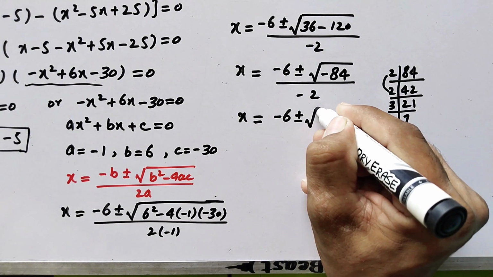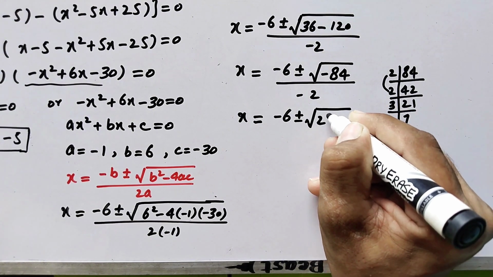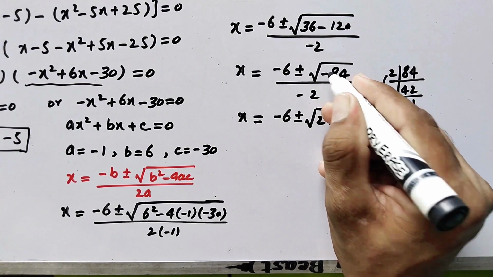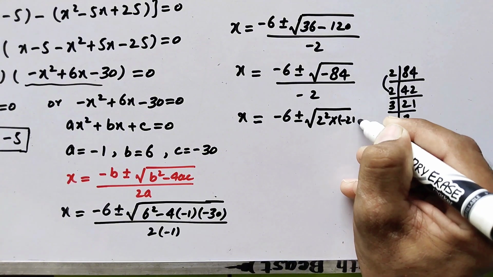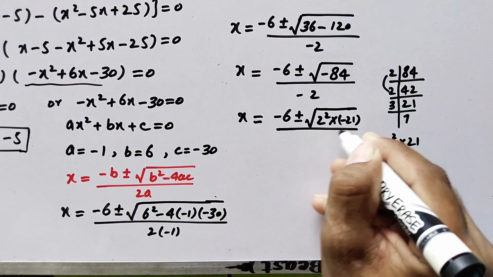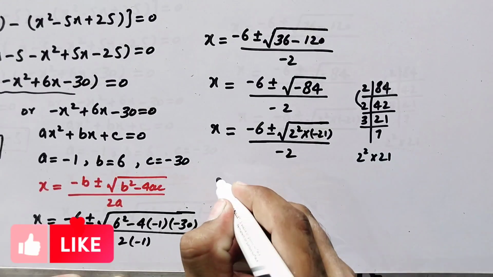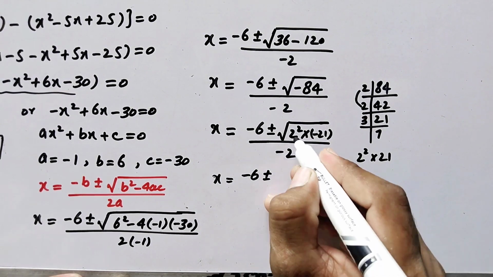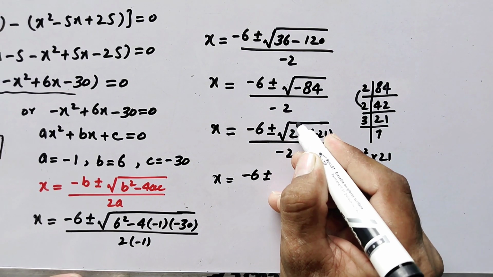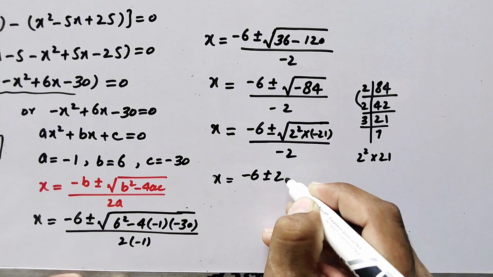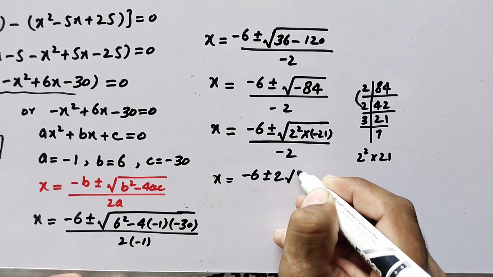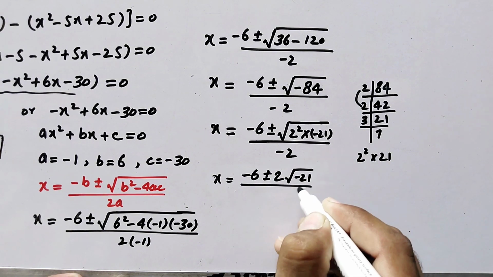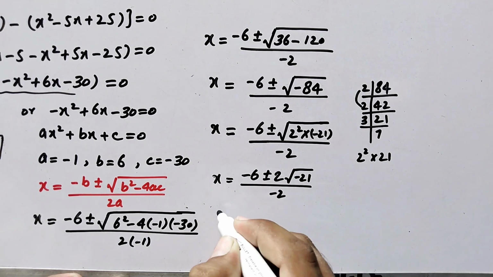So here we will put 2 square times negative 21, as here is negative, divided by negative 2. X will be equal to minus 6 plus or minus, here is 2 square, square will be cancelled by the root, so here will be 2 out of root, 2 times root of negative 21 divided by minus 2.